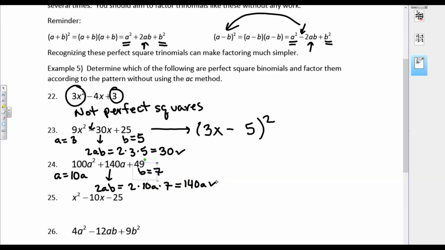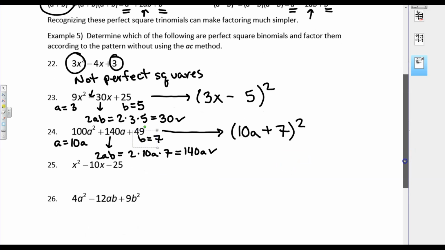So yes, it works. So this is a perfect square trinomial, and I'm now going to put it in its correct form. These are both plus signs, so it's going to be of the form a plus b whole quantity squared. Well, my a was 10a, and my b was 7, whole quantity squared. Save yourself tons of time.